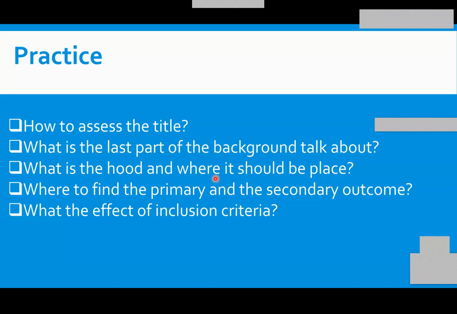The inclusion criteria will not affect the population. For example, if you want to do a study in the Emirates and you say you will select the Japanese in the Emirates, that's your population. Then you say you will select the Japanese who live in Sharjah. That's your targeted population. But you cannot take all the Japanese in Sharjah. You need a sample size to represent them.